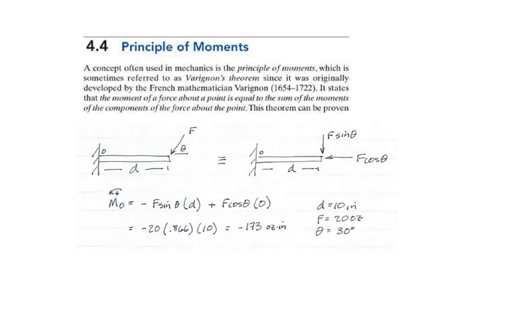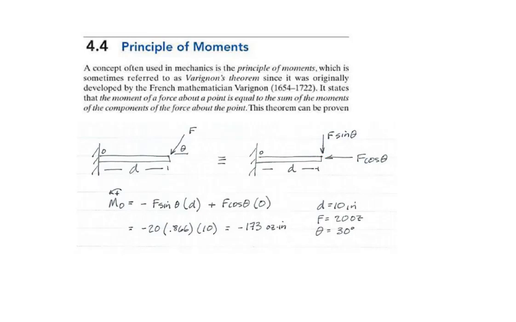So for example, we have a force here at some angle. There would be a sine component here and a cosine component like this, and we add them together. In other words, the sum of the moments about point O is going to be equal to the sine component times this distance plus the cosine component times its lever arm.